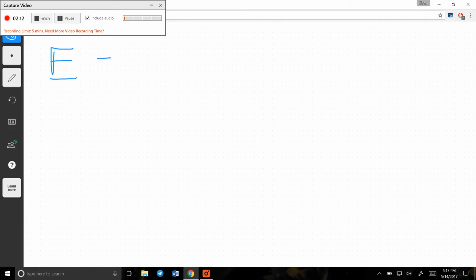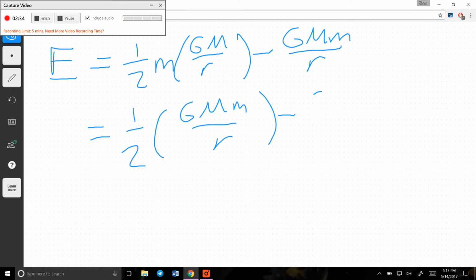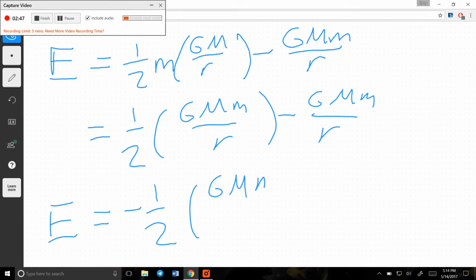Energy equals 1/2 m times GM over r minus G times big M times little m all over r. Which conveniently works out to energy equals negative 1/2 G times big M times little m all over r.